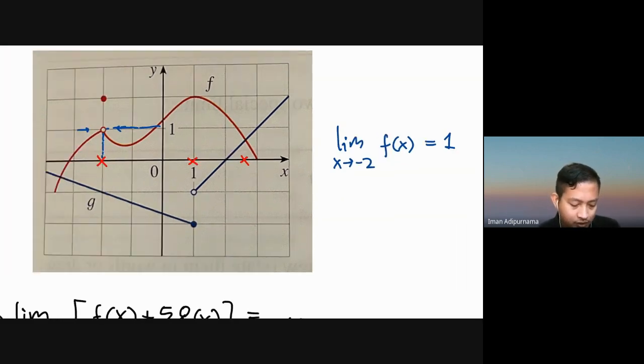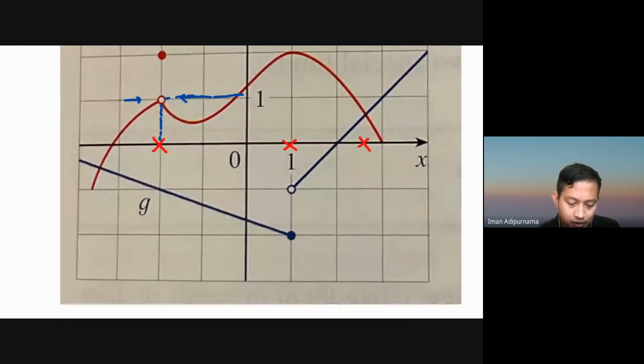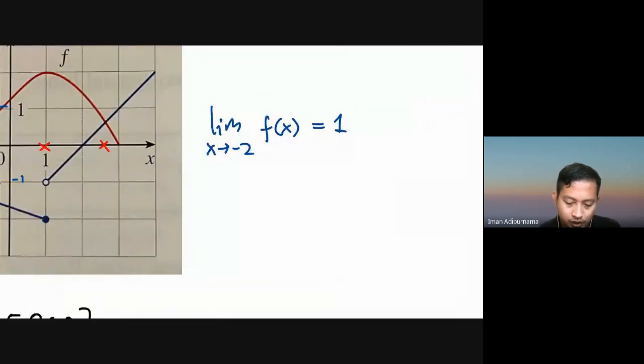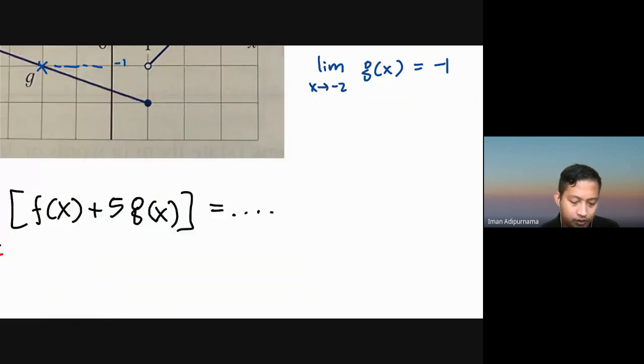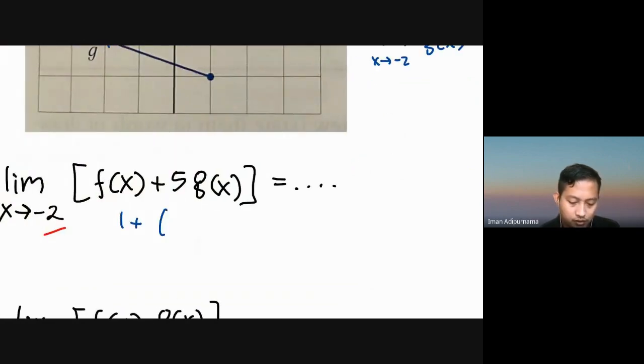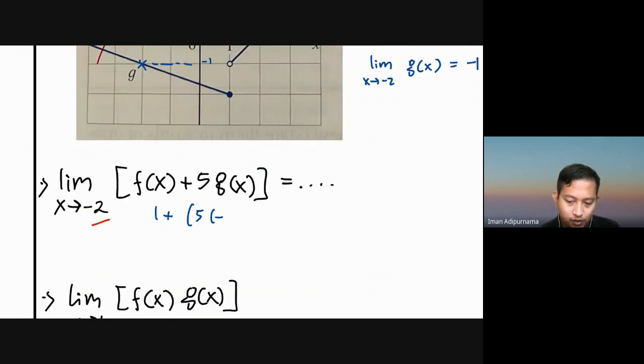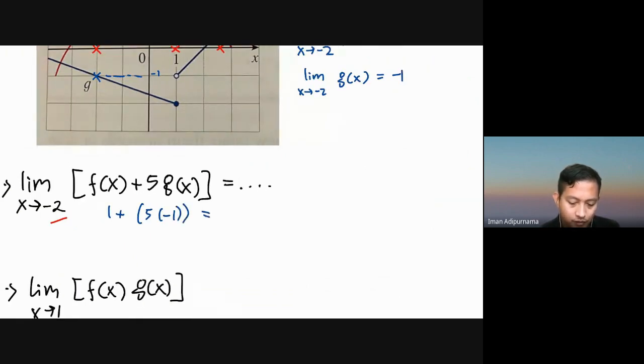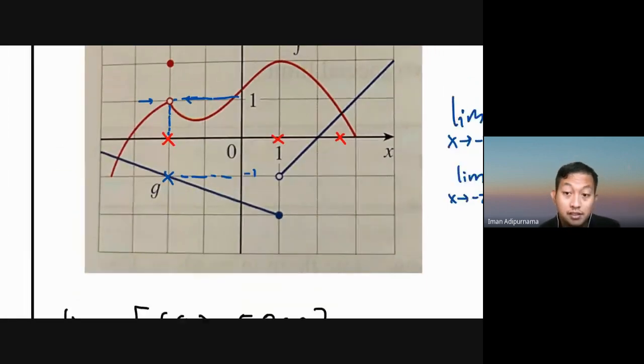And for g, it's here, right? It's equal to -1. And we can calculate 1 plus 5 times -1, so we will get -4. I think it's pretty much straightforward.